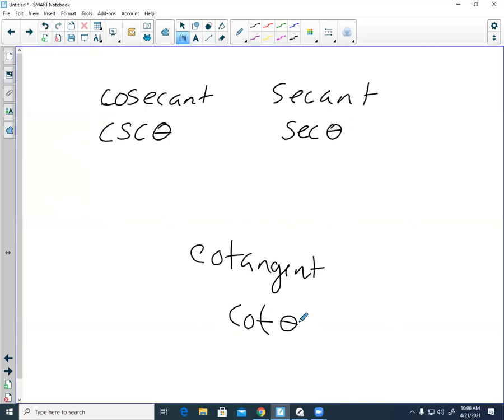Okay. Now the relationship that they have is cosecant is equal to 1 over sine theta. Secant is equal to 1 over cosine of theta. And cotangent is equal to 1 over tangent of theta. Okay.